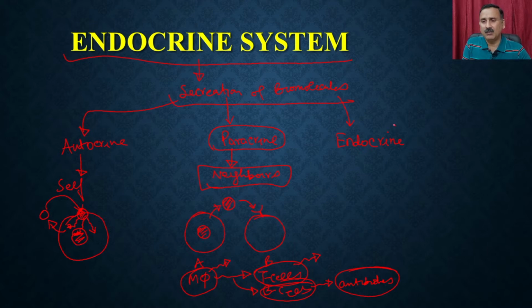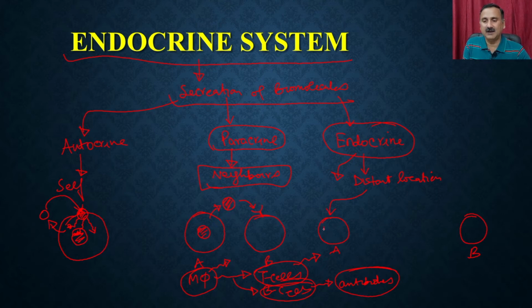Then let us talk about endocrine signaling. Endocrine signaling is not within the neighborhood, but for distant locations. Okay. So, for example, you have a cell A and a cell B, and this distance is going to be pretty far.